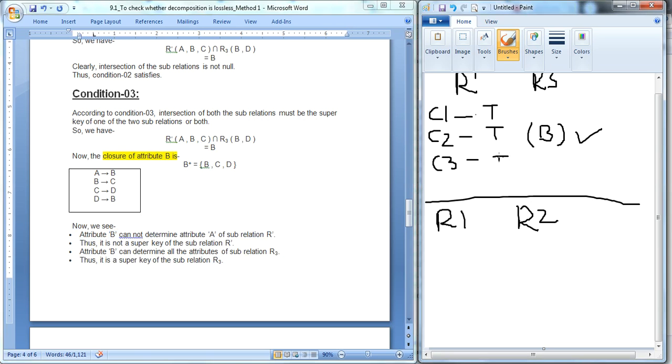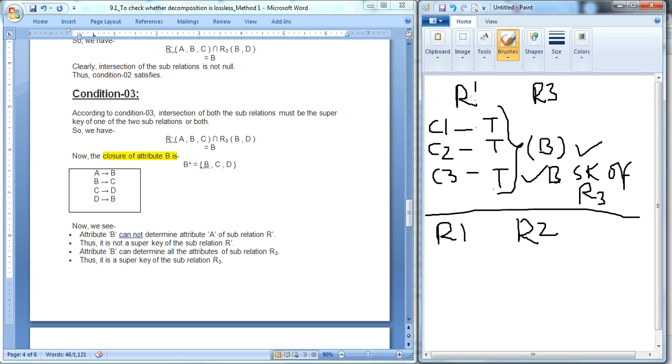Then the third condition is also true, because B is a super key of R3, right? That is simply the way. All the conditions are true, then we can say that this decomposition R2, R3 and R dash is lossless, is not lossy, because all the conditions are true, right?